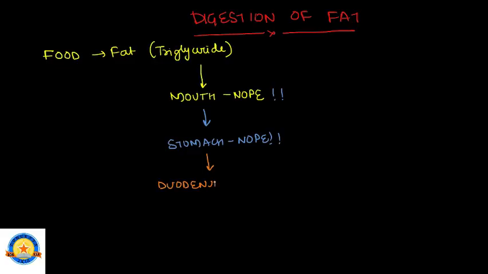Duodenum. Which part? Second part. It is not acted by pancreatic juice, but it is acted by bile. And this bile, what it does is it emulsifies. It helps in emulsification of the fat.